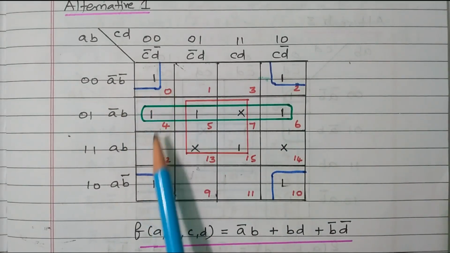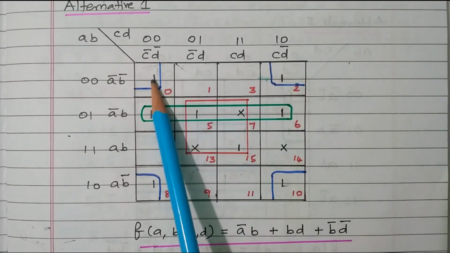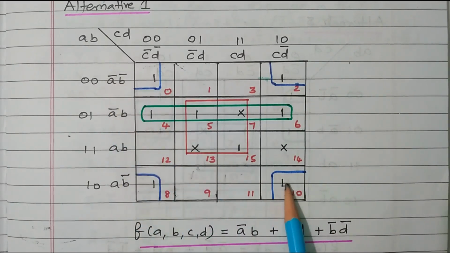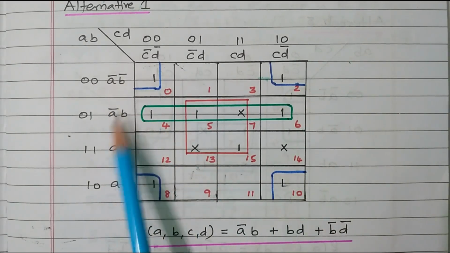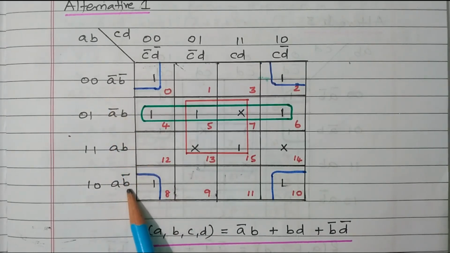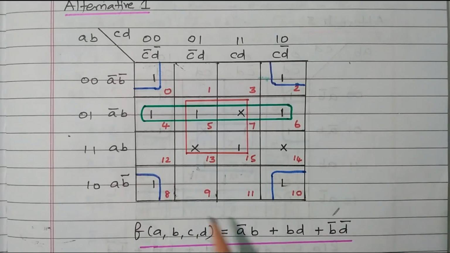Similarly the corresponding columns, first column and fourth column. These two ones are available in the first row, these two ones in the last row. What is available? A bar B bar, A B bar. So A bar and A cancel, only we have B bar, right? So B bar is there.